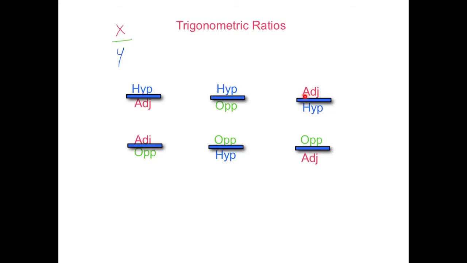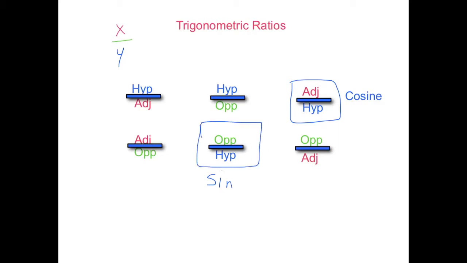But for now, I want you to remember that this one here is called the cosine. This is the cosine. And this one right here, oops, technical difficulties. This is the sine. This is the cosine, and this is the sine.